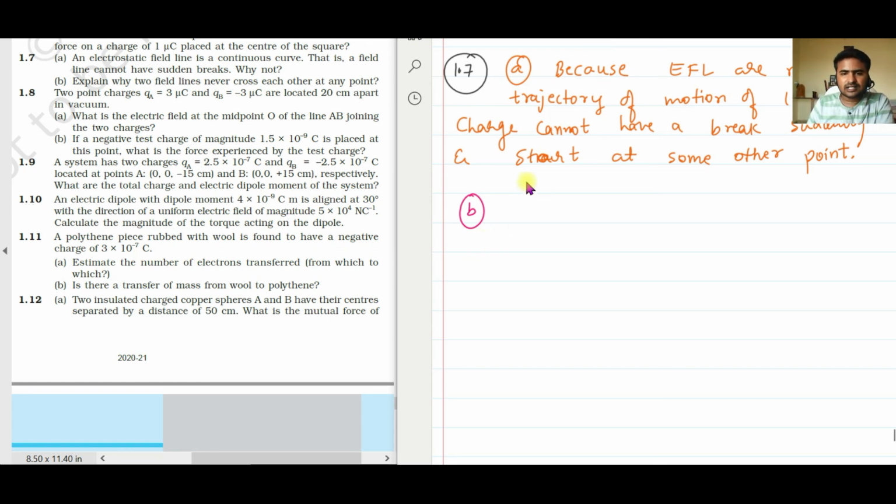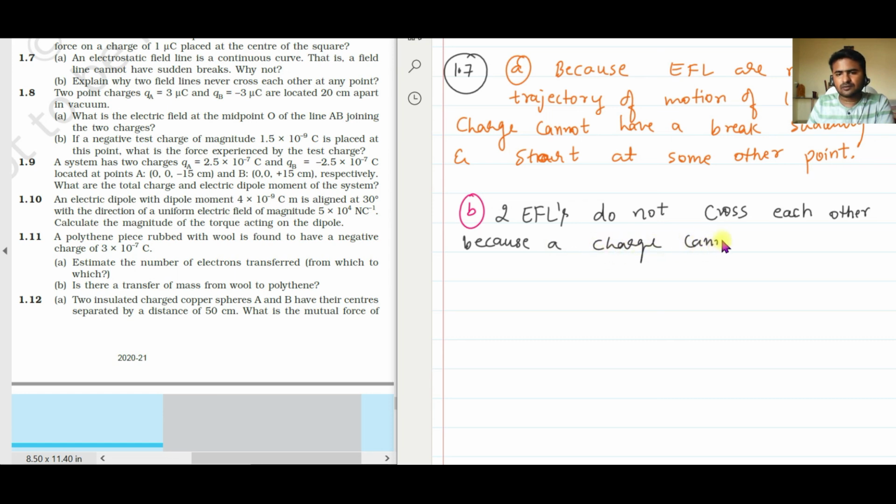So therefore two electrical field lines do not cross each other, because a charge cannot have two directions of motion simultaneously.